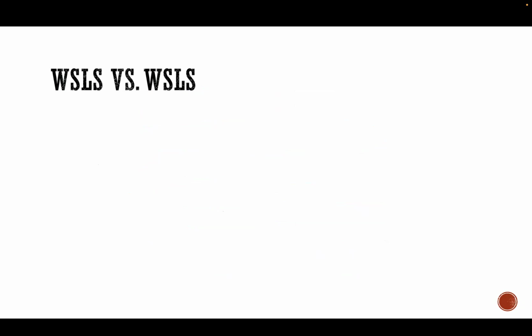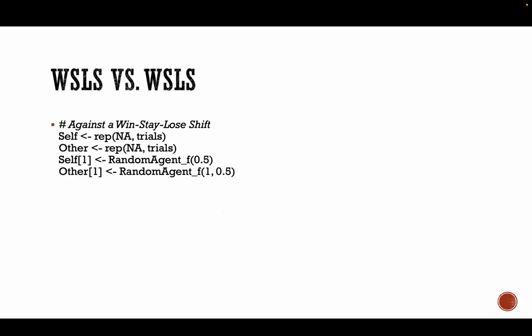So what if we get the model to play against a Win-Stay-Lose-Shift? So again, we create self and other vectors of choices, and we initialize both of them at random because they're both Win-Stay-Lose-Shift. So in the first trial, they don't know what to do.